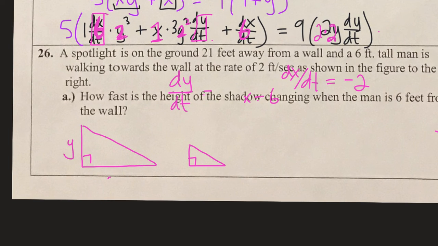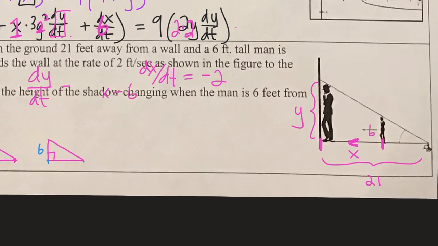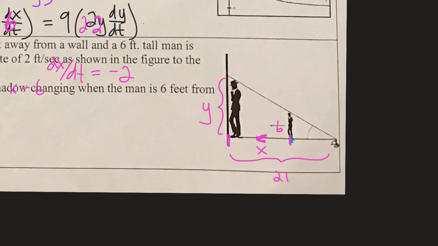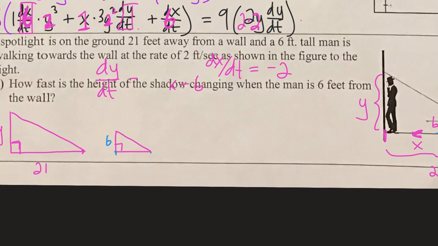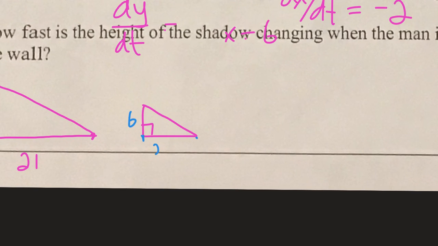This is the shadow, and the whole entire distance from the shadow to the spotlight is 21. We know the man's height is 6. But what about this distance here? Okay, if the whole entire thing is 21 and this much is x, this must be 21 minus x. Yes, it's whatever is left after you subtract x from 21. So this is 21 minus x.